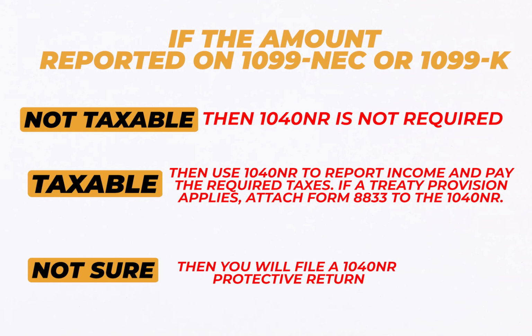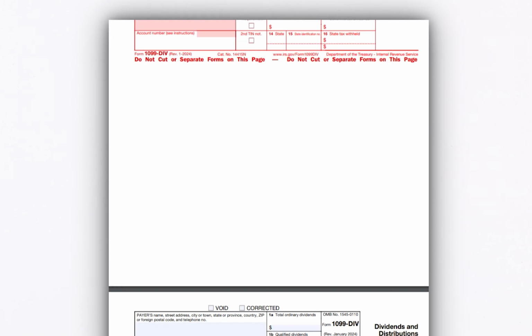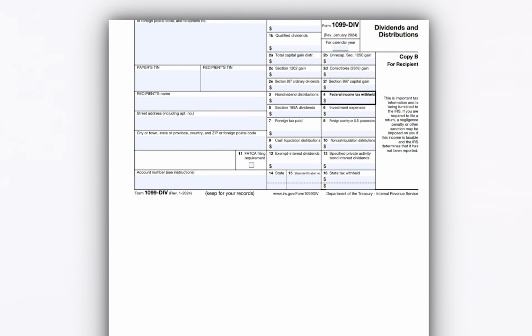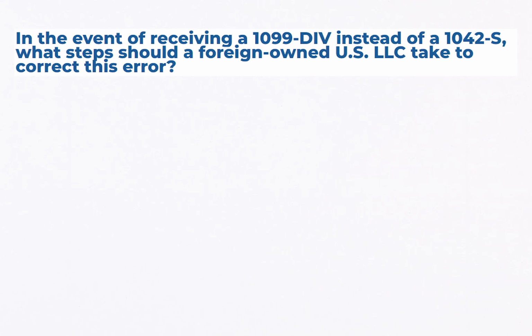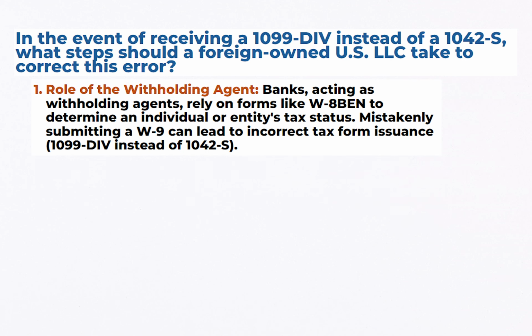Okay, now let's go to this 1099 DIV. This question says, in the event of receiving a 1099 DIV instead of a 1042-S, what steps should a foreign-owned US LLC take to correct this error? Okay, so banks are withholding agents.